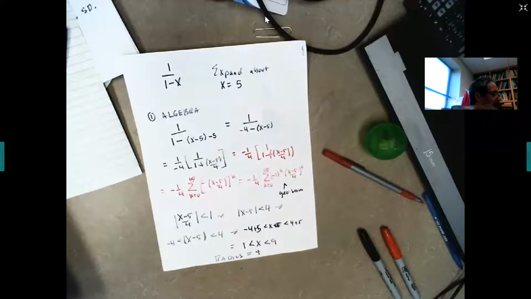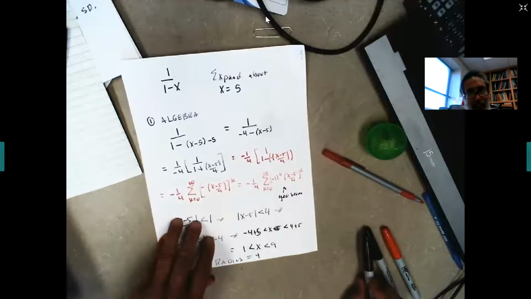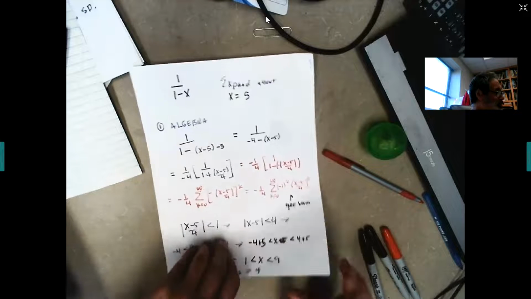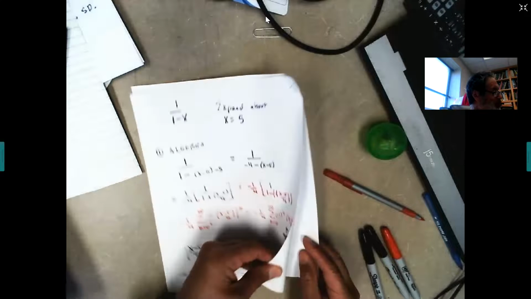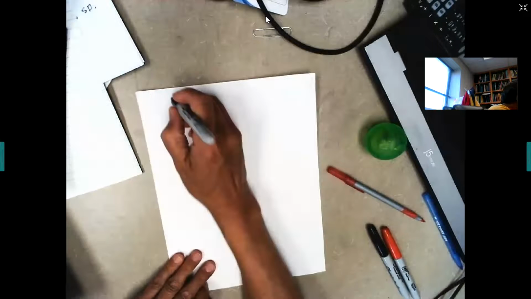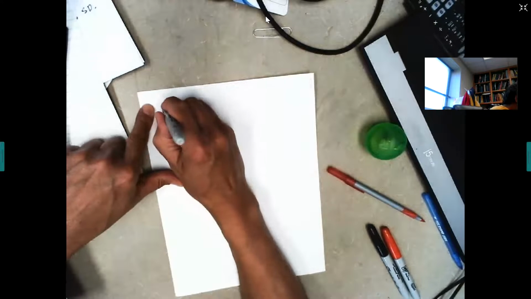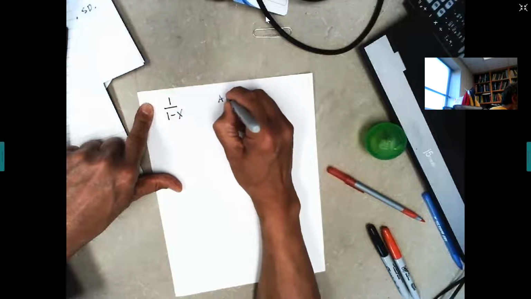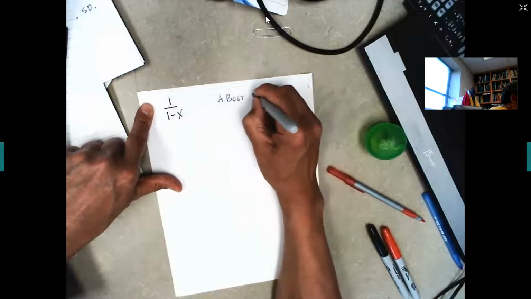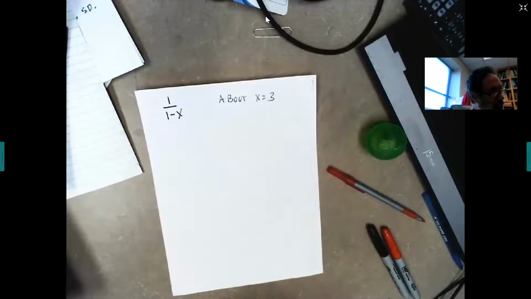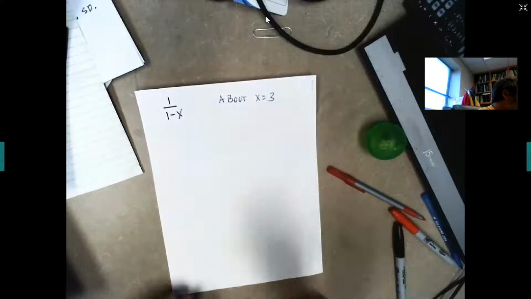Now, there's a second way of doing this, and I'll give you the second way. For the second way, I'll do the other problem, but keep in mind, you can do either problem both the same way. If you wanted to do 1 over 1 minus x about x equals 3, you could, if you so desired, try Taylor's method.